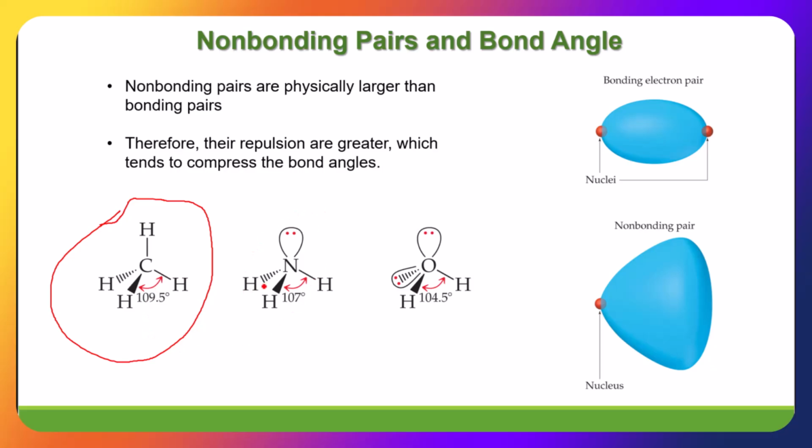Here's ammonia. Now, ammonia, you know that non-bonding electrons take up more space, so they're going to push a little bit harder, and they're going to squeeze these bonds down to 107. But all I would ask you is, what are the bond angles on ammonia?